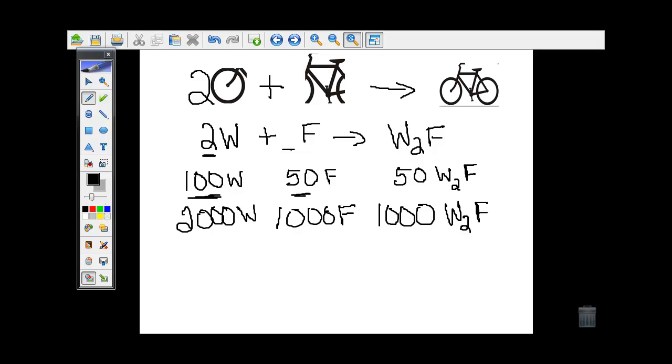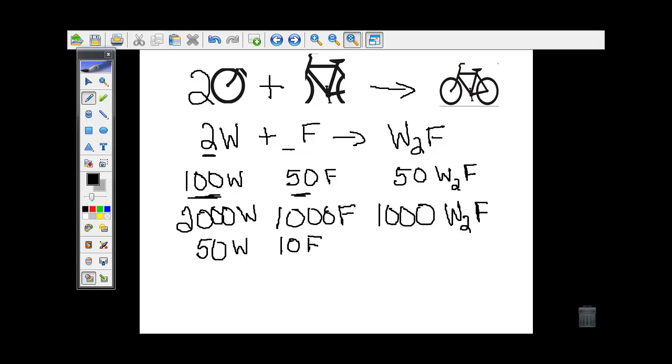It's just a ratio. Now, let's say there's a sale on wheels and frames, and so you buy 50 wheels and, making this number up off the top of my head, 10 frames. How many bikes can you make now?